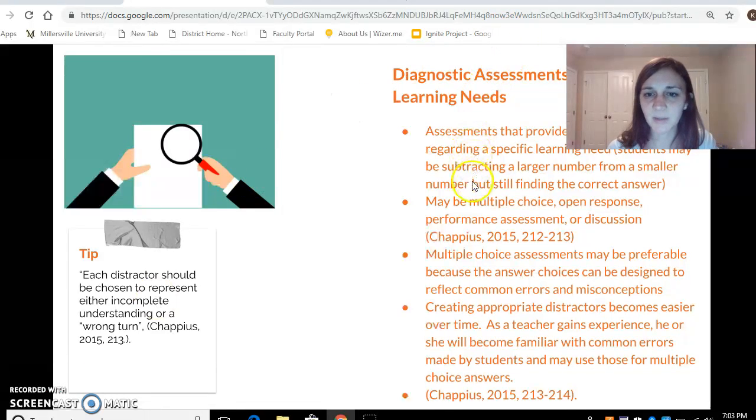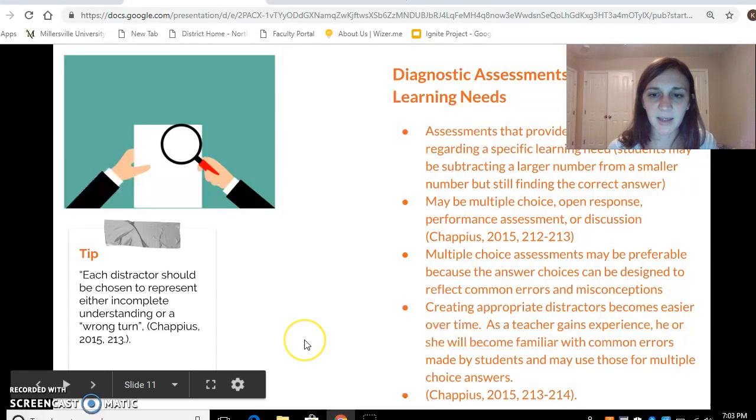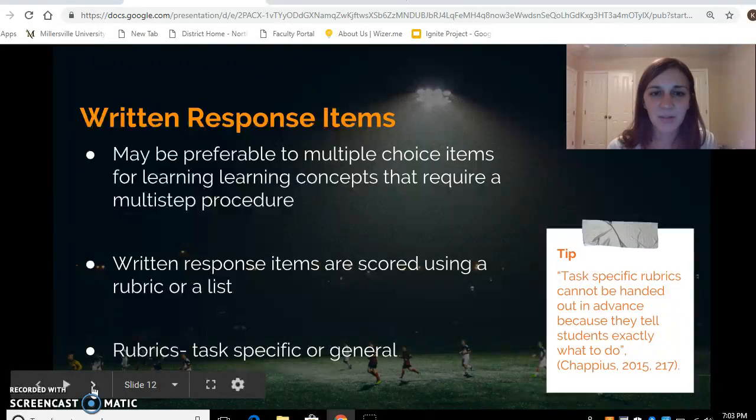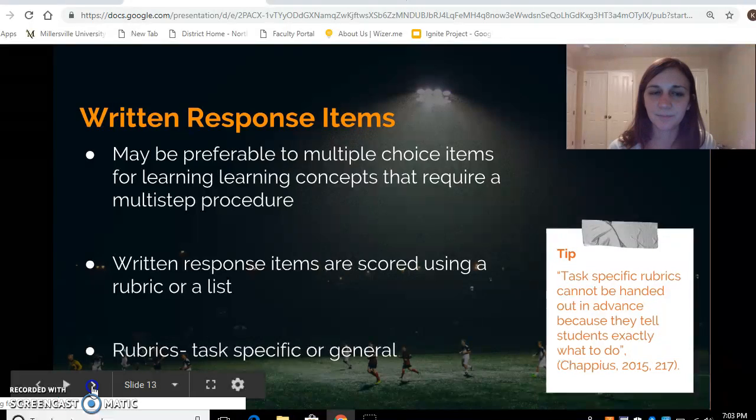Diagnostic assessments we can use. They can be multiple choice, they can be open response, and we can use distractors that are common mistakes for students. Written response items are sometimes preferable over multiple choice, and they're scored using a rubric or a list, and the rubrics can be task specific or general.